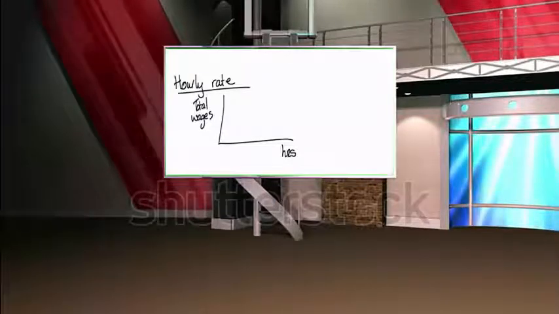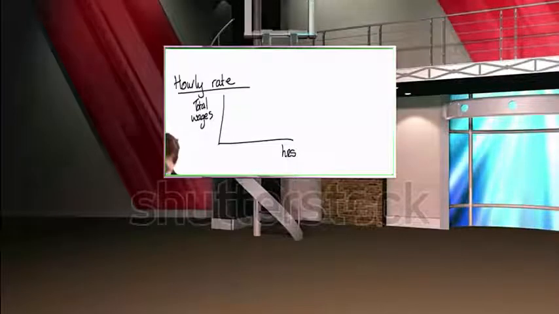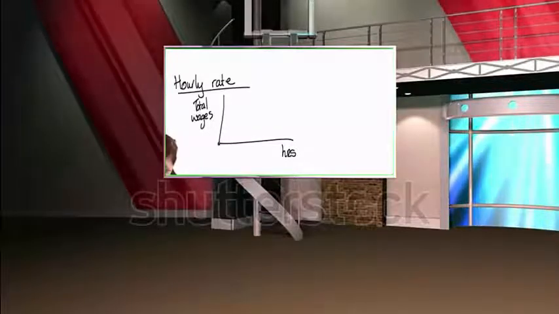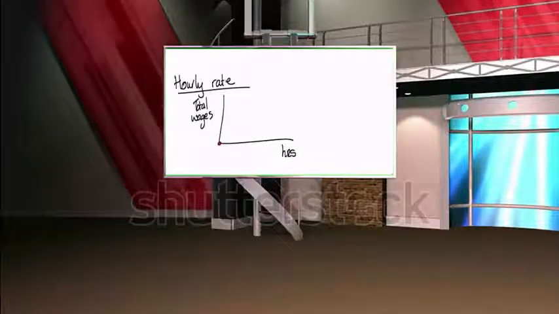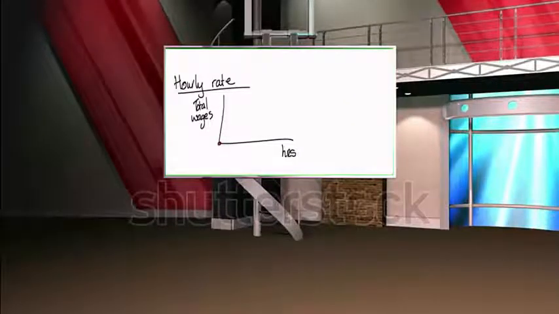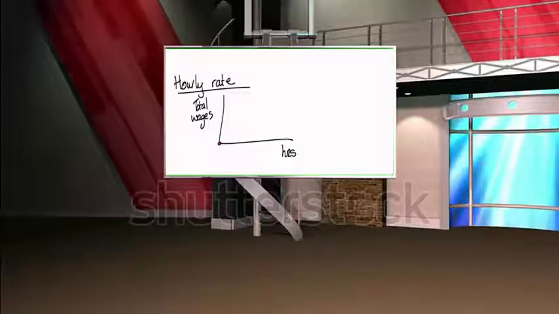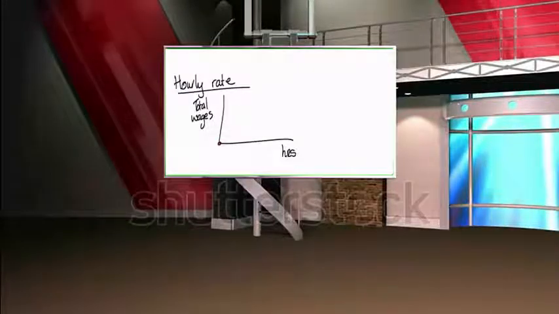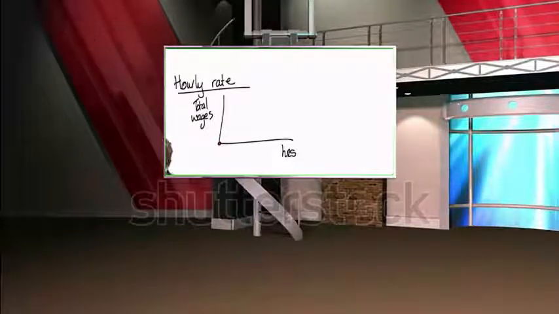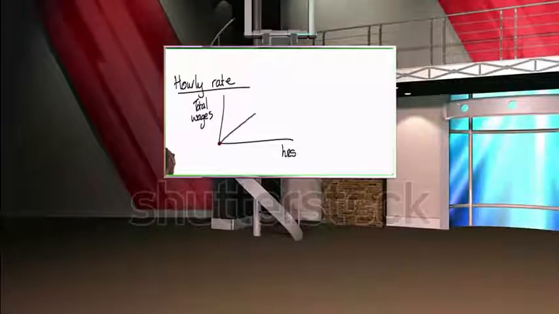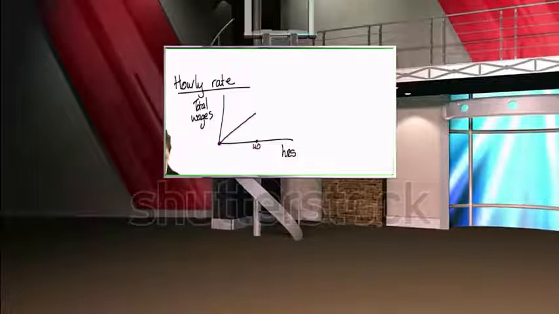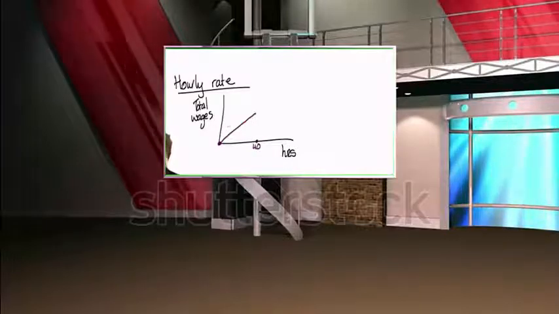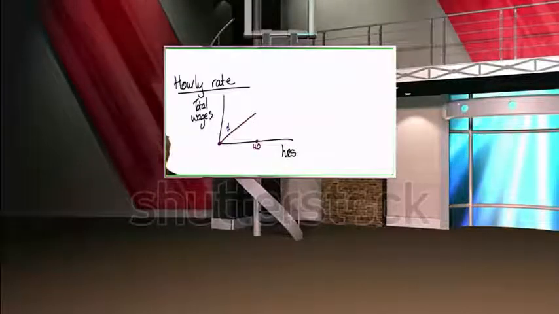Well, presumably, their total wages, if they don't work any hours, will be 0. After that, we know they are going to get paid $8 an hour for the first 40 hours. So, for the first 40 hours, their total wages will increase at $8 per hour.